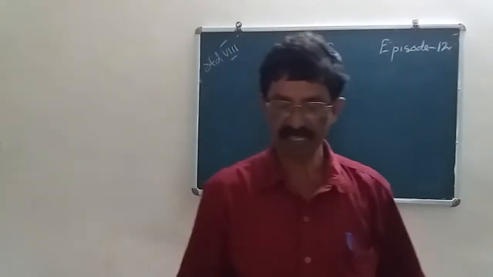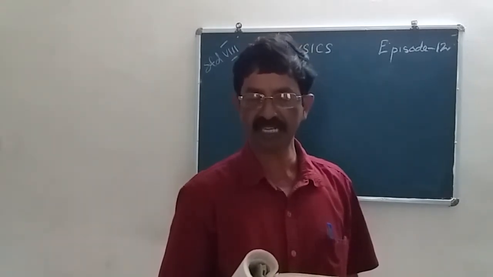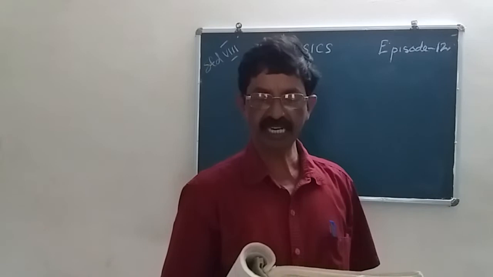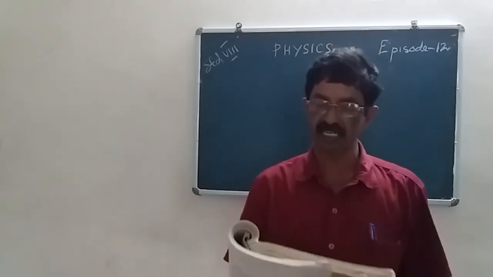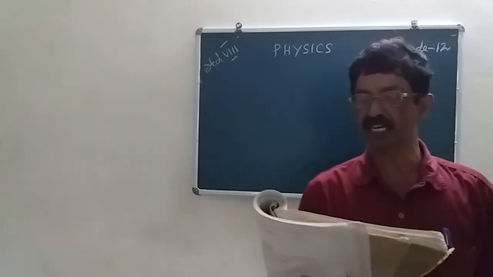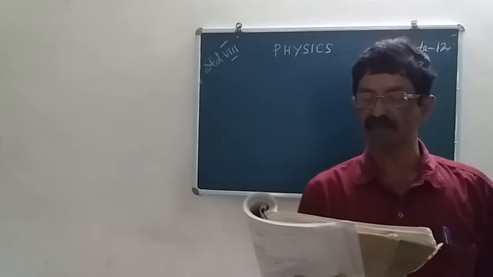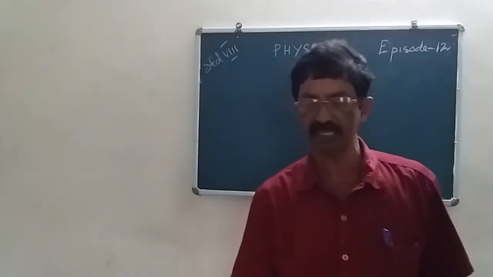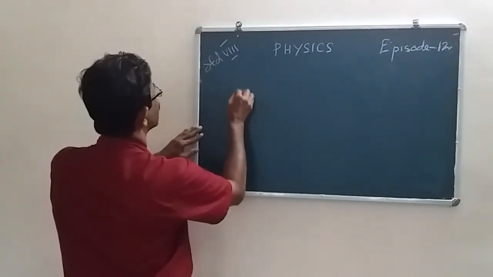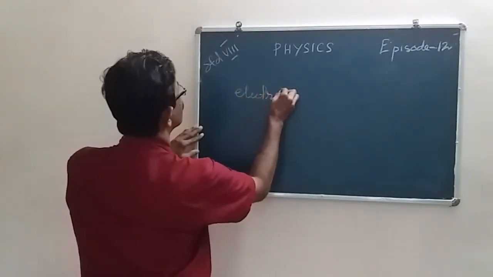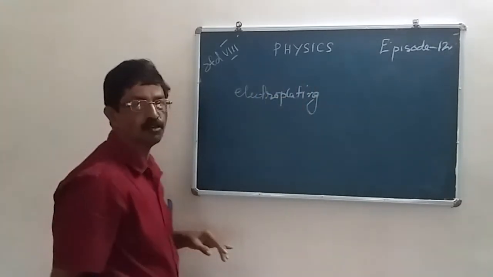Now question D. The process of depositing a layer of any desired metal on another metal by means of electricity is called dash. It is called electroplating.